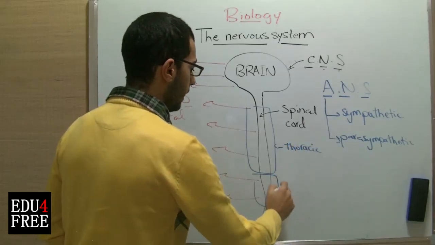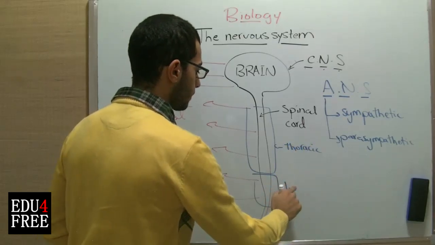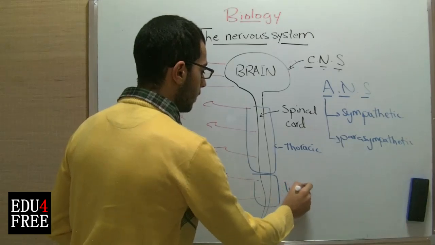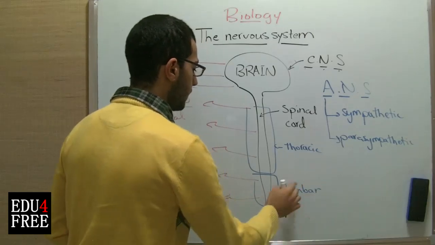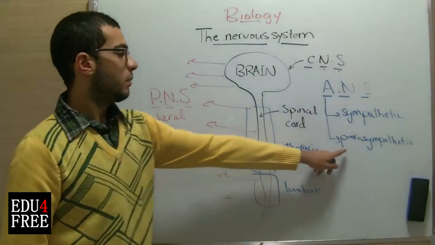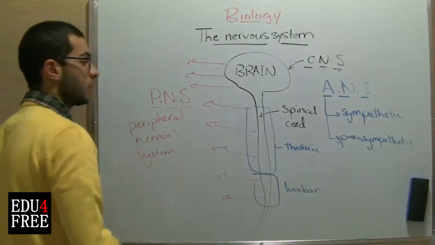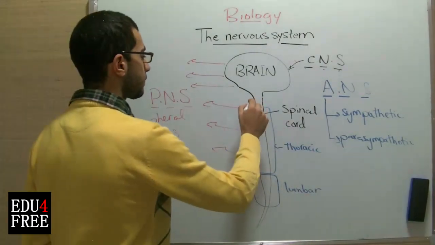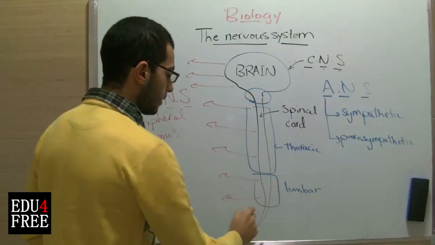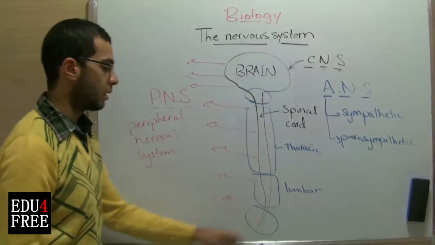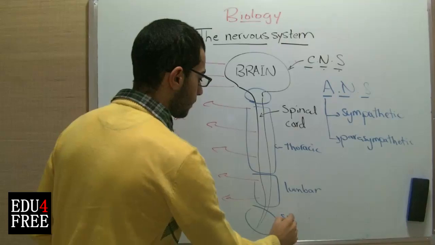And the parasympathetic nervous system comes from the brainstem and from the sacral region of the spinal cord.